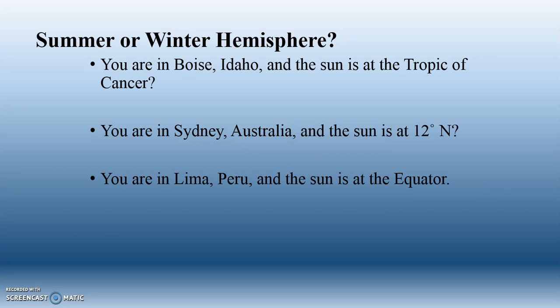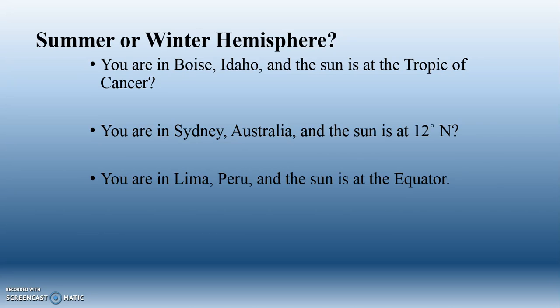So we would be using the same hemisphere equation for this particular problem. A second one: you are in Sydney, Australia, and the sun is at 12 degrees north. Basically, we would be using the different hemisphere equation because we know that Sydney, Australia is in the southern hemisphere and the sun is at 12 degrees north.